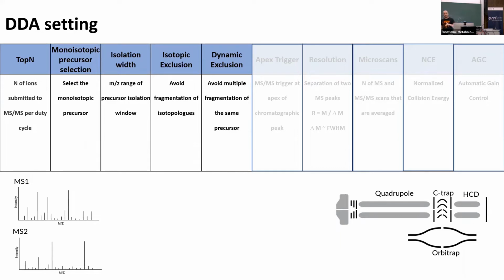And this becomes very bad when you have one massive feature that is a peak from the beginning to the end of your chromatogram, and you waste, I don't know, 20% of your MSMS events just on that, because in every duty cycle, it's triggered. So dynamic exclusion prevents that. There are different settings inside of that dynamic exclusion.